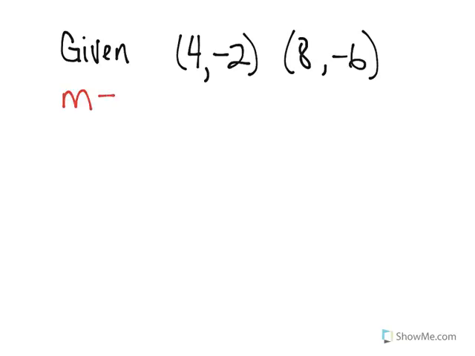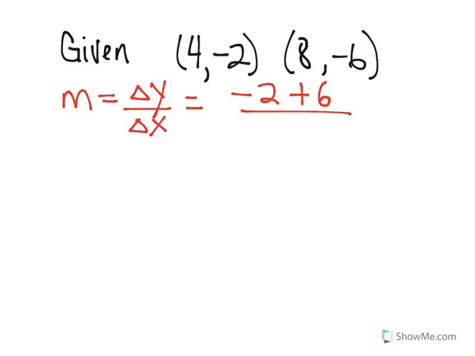Remember, the slope is the change in y over the change in x. So we can say negative 2 minus a negative 6, or plus 6, over 4 minus 8. So we end up with 4 over negative 4, which is negative 1.